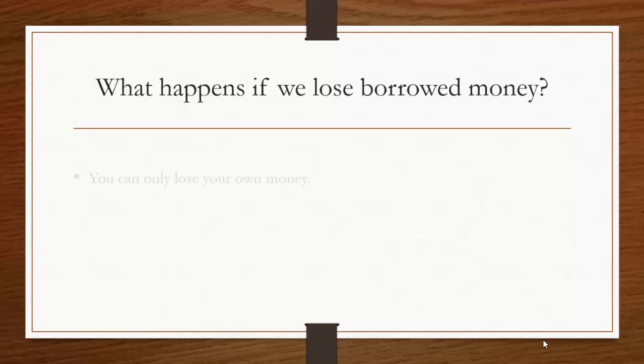Well, the mechanism does not allow you to lose the borrowed money. You are under the control of the broker, which gives you the money, and you can only lose your own money. If you invest using high leverage and your account loses money in the amount of your own balance, the broker will close your trade and push you out of the market.